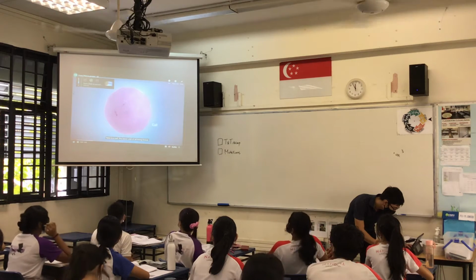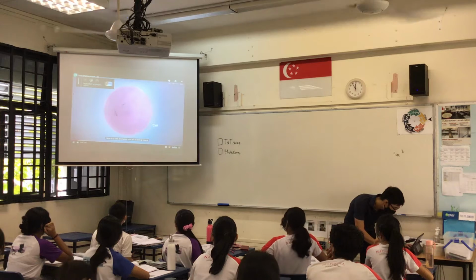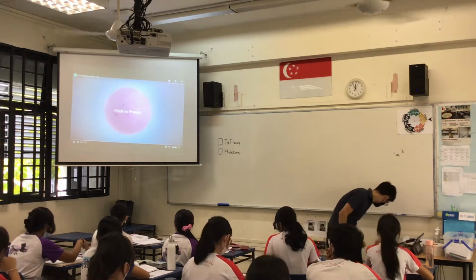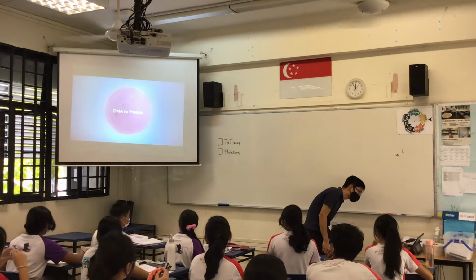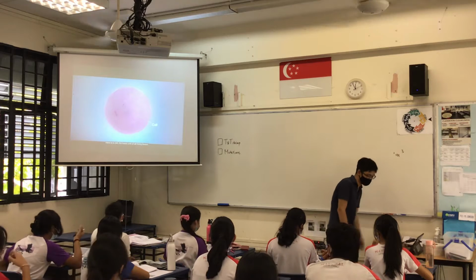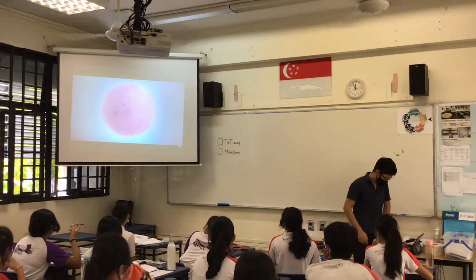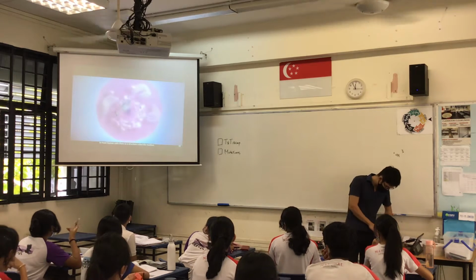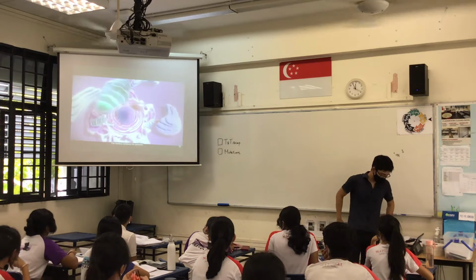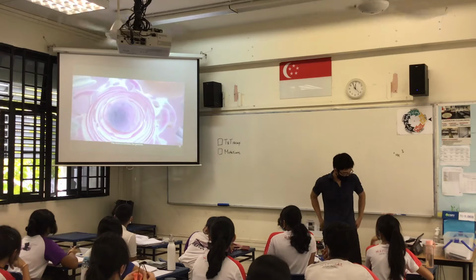Here's a cell, all living tissue. Here is a cell, the basic unit of all living tissue. In most human cells, there is a structure called the nucleus. The nucleus contains the genome.